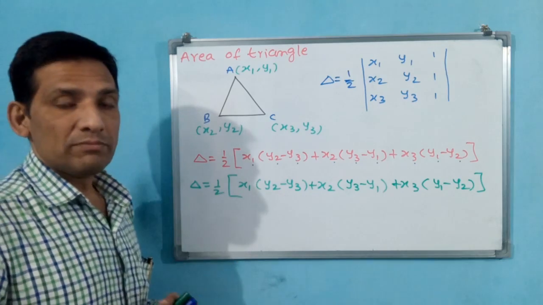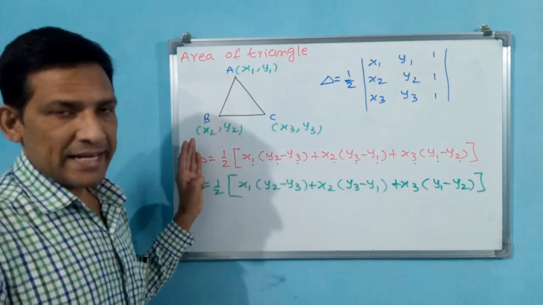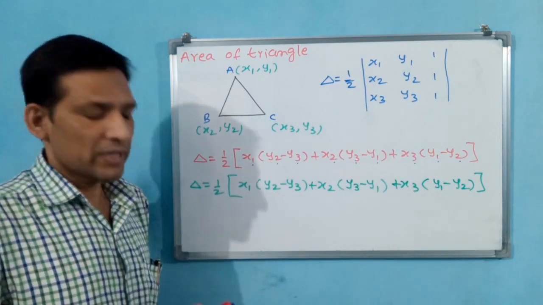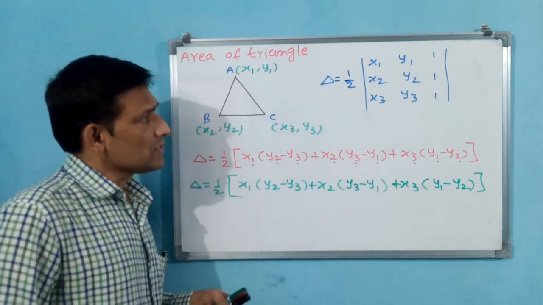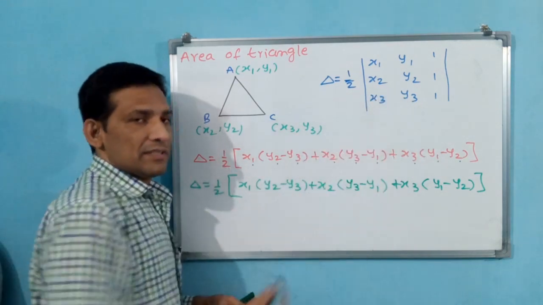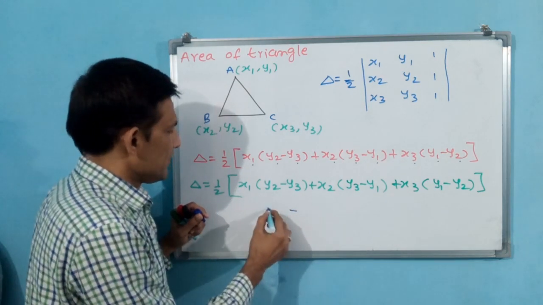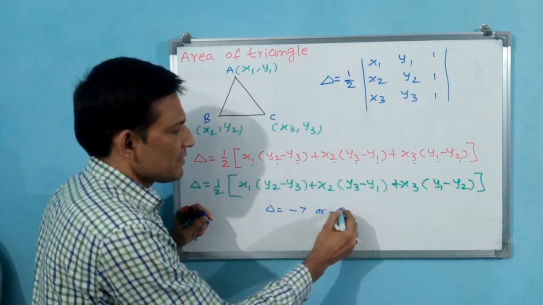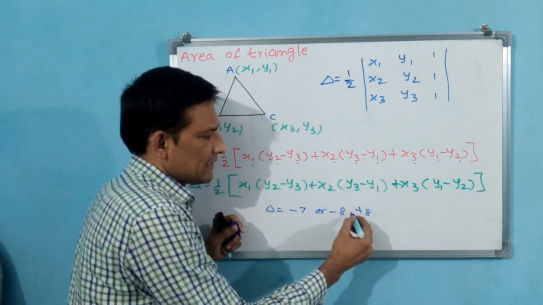What you have understood now is that the area of this triangle we can represent in determinant form also. Here one thing we have to remember. See this triangle, the determinant may come minus also. The final value delta is equal to minus 7 or minus 8, whatever it may be, or plus 8.